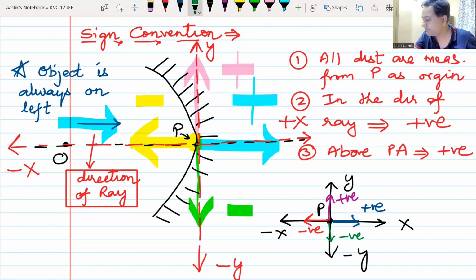I'll show it on the other, cleaner diagram. Please let me know if you are done. Everyone done?